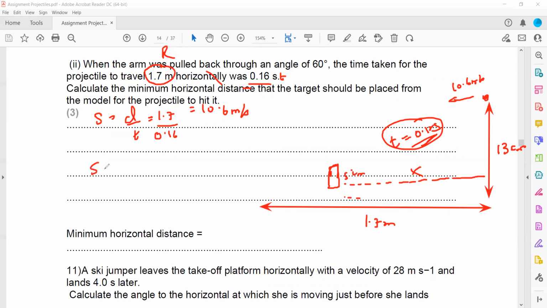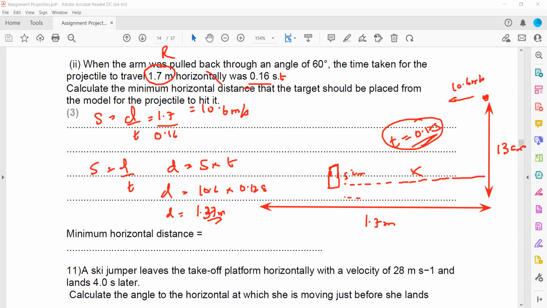Again, we use the same formula, speed is distance over time, but this time we're finding distance, which is speed times time. The speed is 10.6 and the time is not the total time; this time it is 0.12. When we multiply 10.6 by 0.12, we get 1.27 meters.